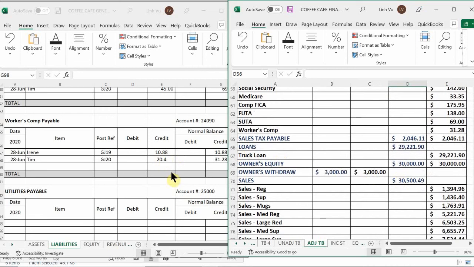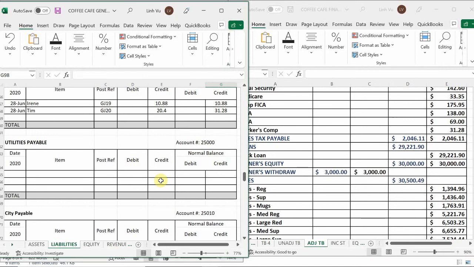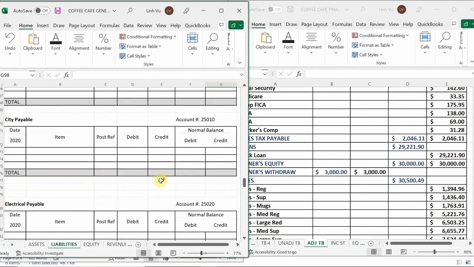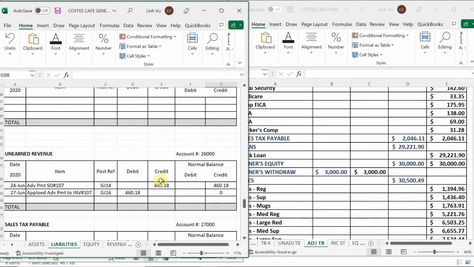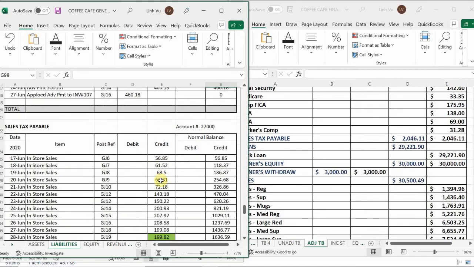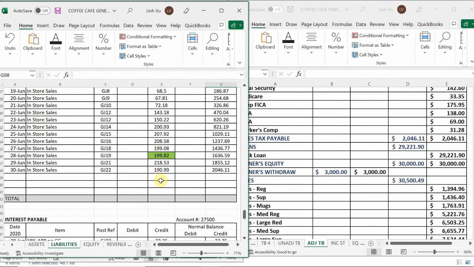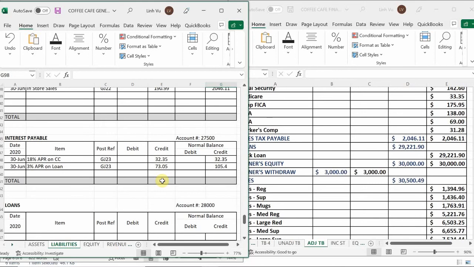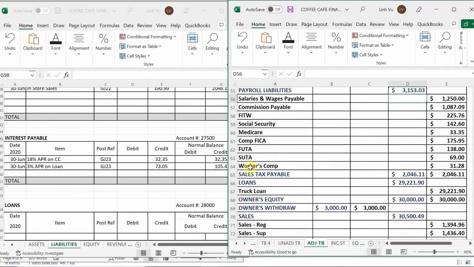Okay. So let's see what's next. Next is all of these utilities payable, none there. Unearned revenue, nothing there. Sales tax payable is still at $2,046.11. Okay. Here you have interest payable, so I have to add that in there.